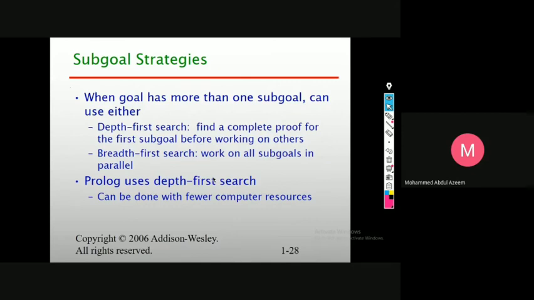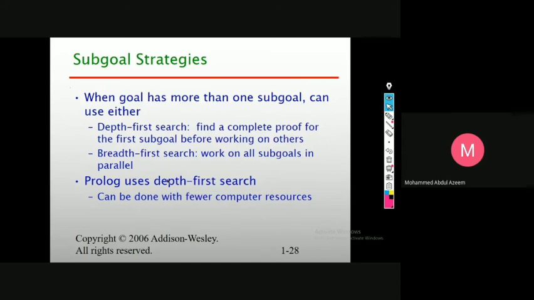But in depth first search, you explore only one live node, and you go until you reach the leaf node in that particular path, and then you backtrack to reach the goal node by taking another live node.